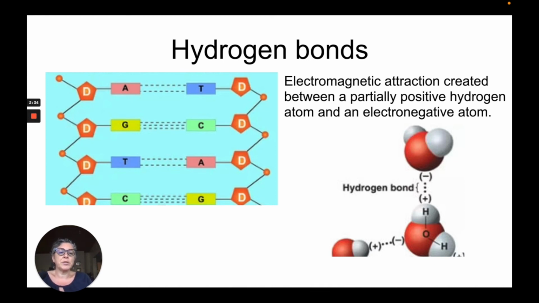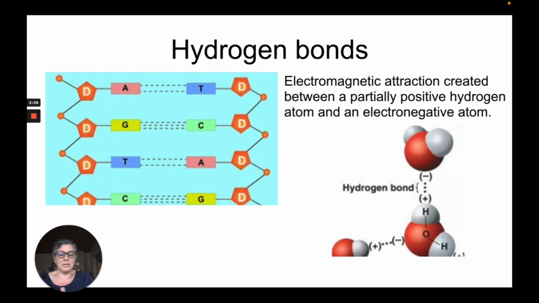So it's an electromagnetic attraction between the positive hydrogen side of the water molecule and the negative side of the water molecule, the side that has mostly oxygen on it. And so this creates this attraction that is not a chemical bond. It can be broken, but it is fairly strong to hold the two molecules that are electromagnetically attracted to each other connected.